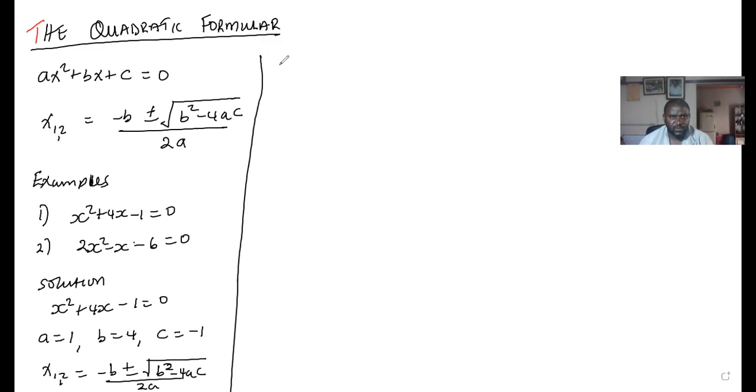So you'll have x1 and 2 is equal to negative 4 plus or minus under the root of 4 squared minus 4 times 1 times negative 1, all divided by 2 times 1.